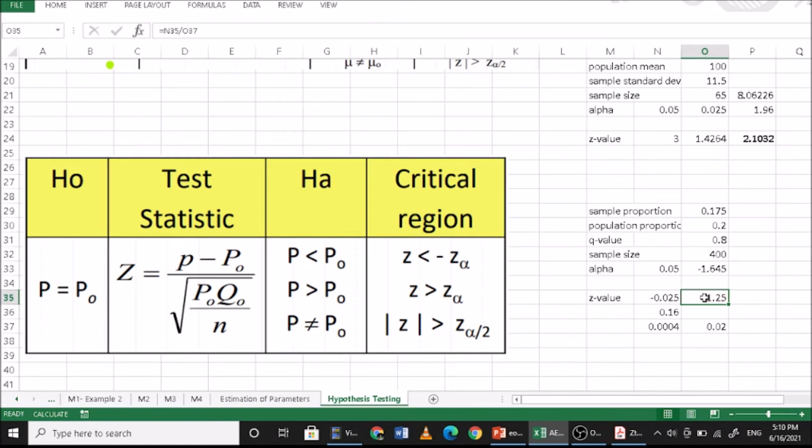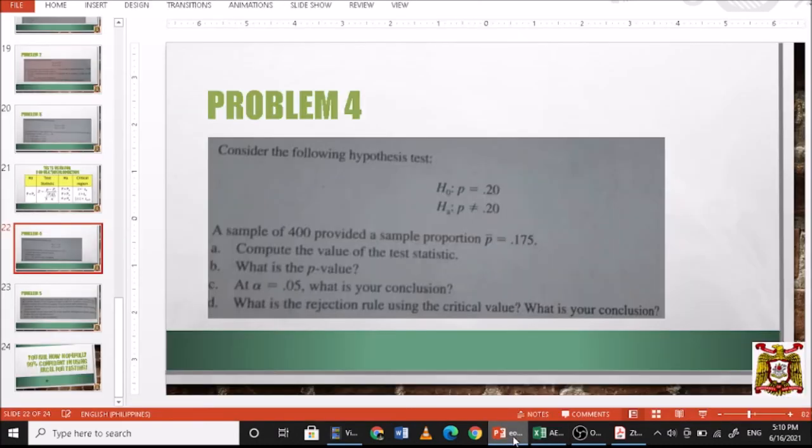So we do not reject the null hypothesis, since your computed z is greater than your z alpha. So we do not reject the null hypothesis and conclude that the true proportion from the sample is not equal to 0.20.